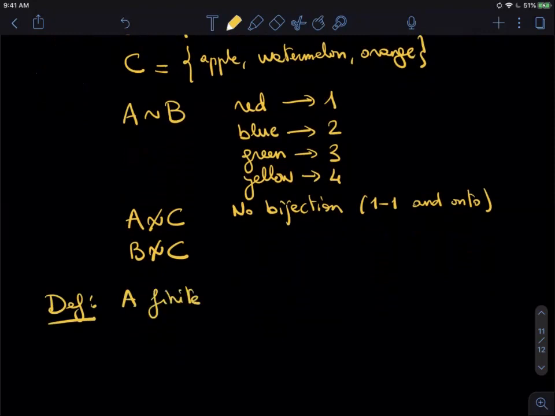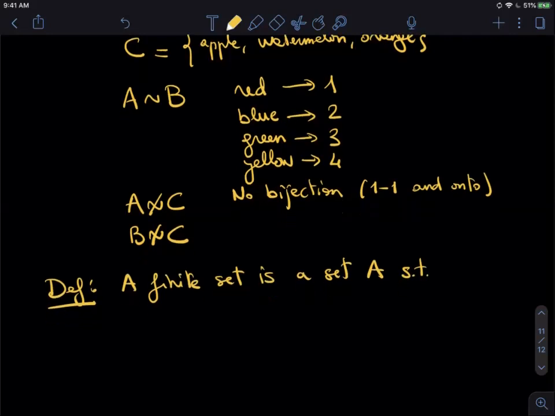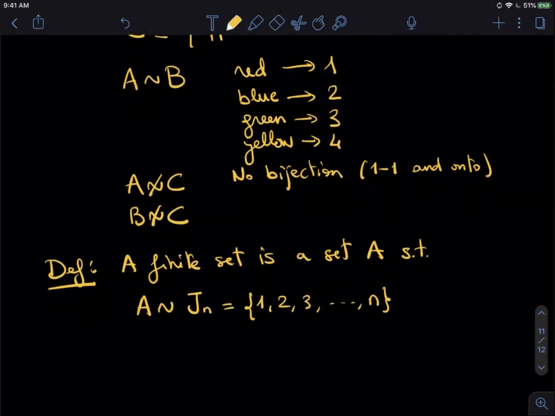A finite set is a set A such that A is equivalent to a set that we call in the book Jn, defined as the natural numbers that are less or equal than n. So 1, 2, 3, and so on until n, for some n.